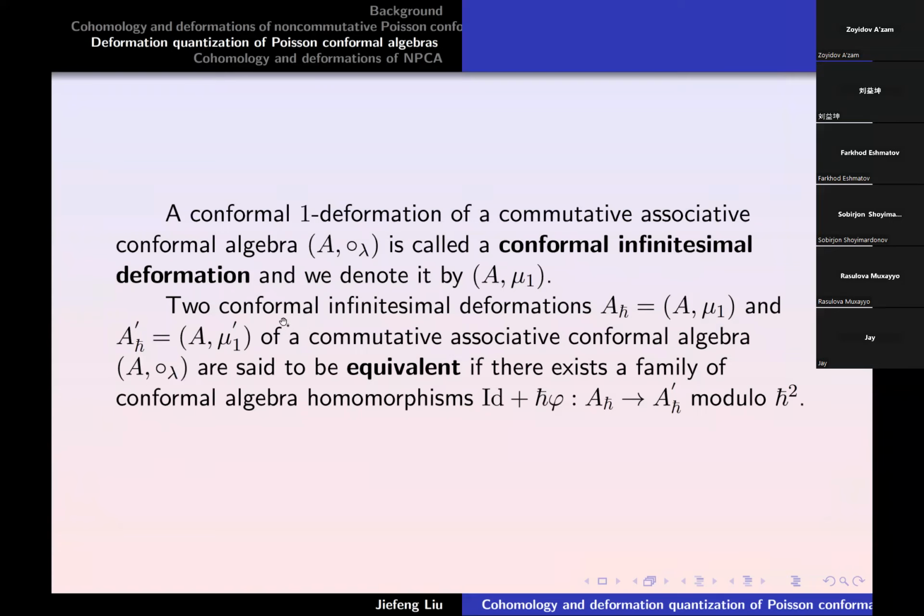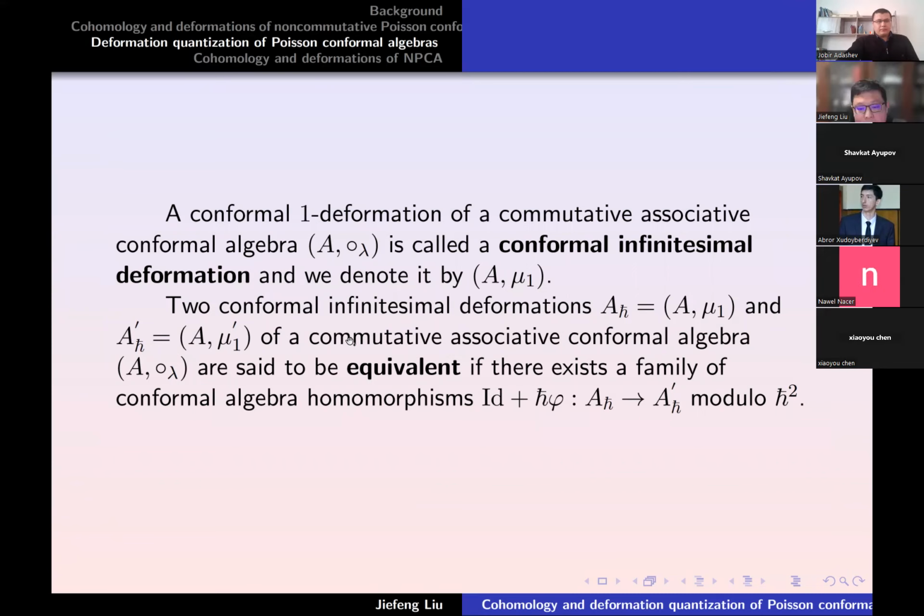Two conformal infinitesimal deformations A_h bar and A_h bar prime of our commutative associative conformal algebra are said to be equivalent if there exists a family of conformal algebra homomorphisms id plus h bar phi from this to this, modulo h bar squared.